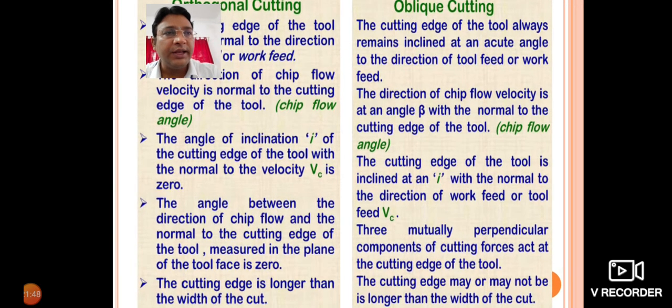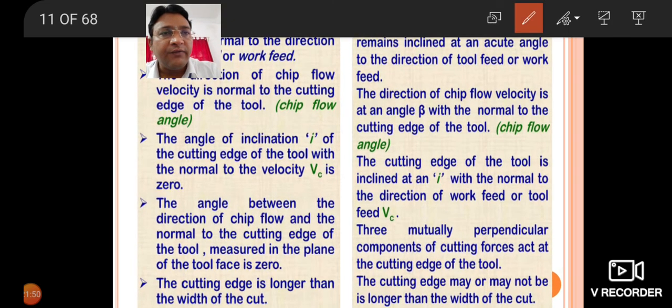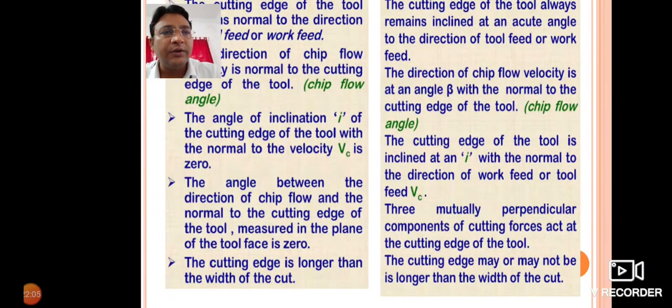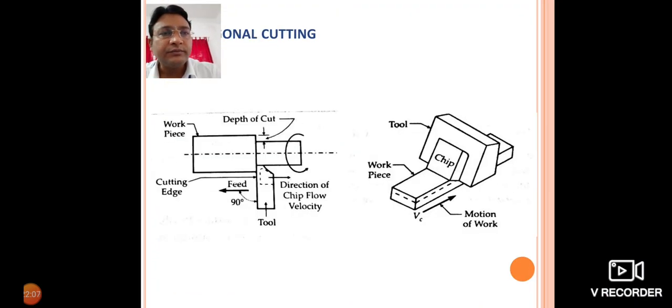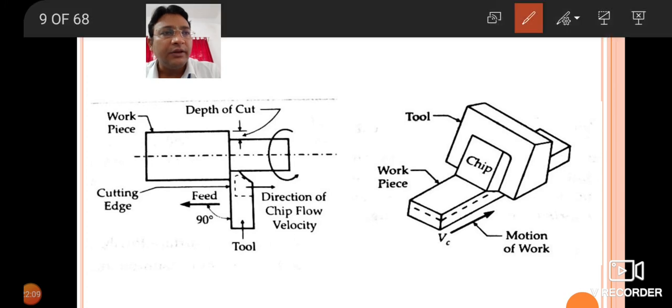The second point: the angle of inclination I of the cutting edge of the tool with the normal to the velocity Vc is 0. Here you can see the velocity and the normal to the velocity, so the normal to the velocity will be like this.